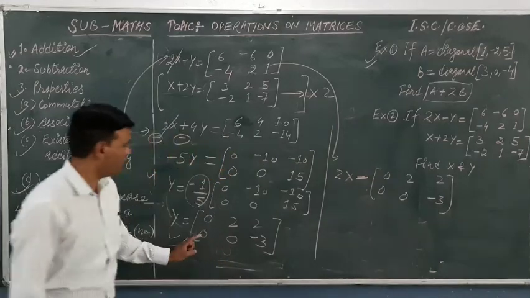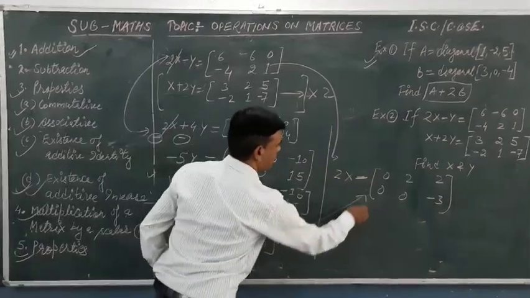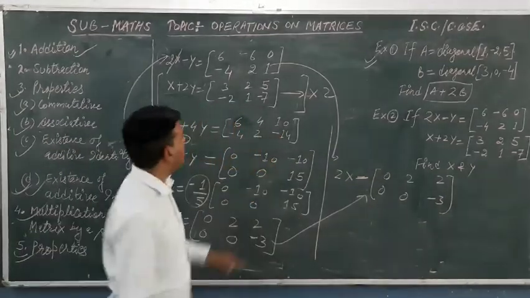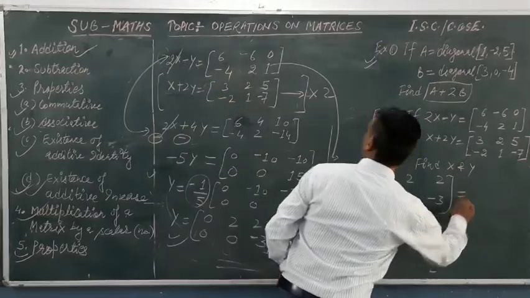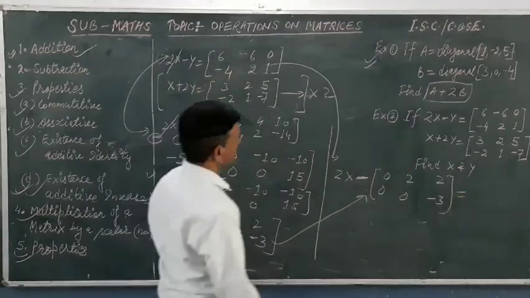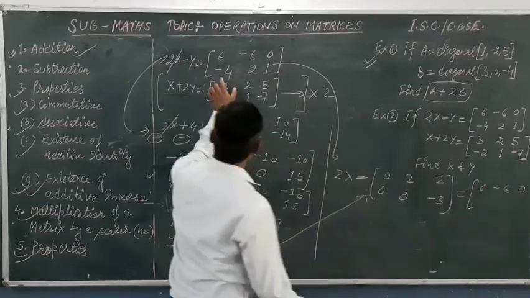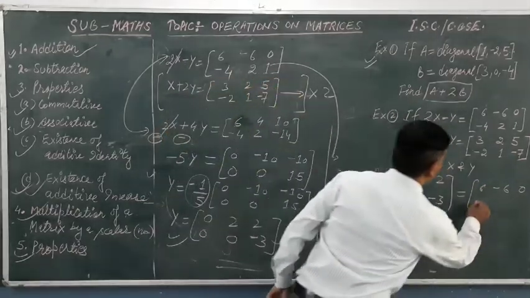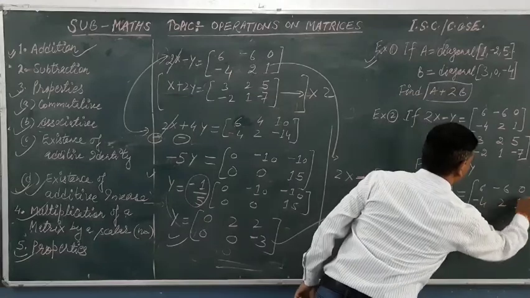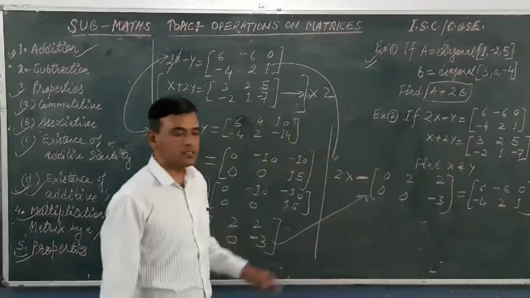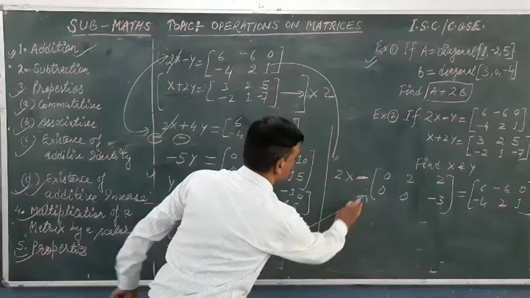I put the value of y from here to here. Then the right hand side is also here. What is given is 6 minus 6 0, 6 minus 6 0, minus 4 2 1, minus 4 2 1. This I got from the first matrix.